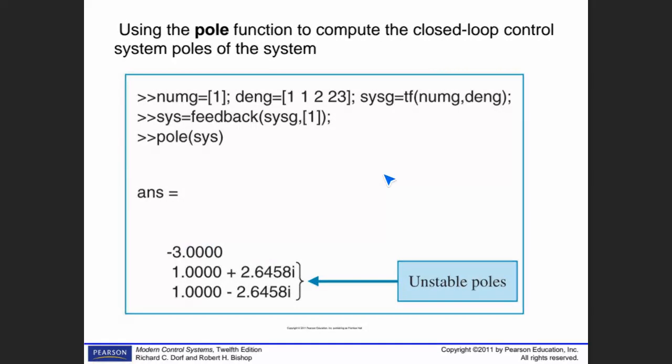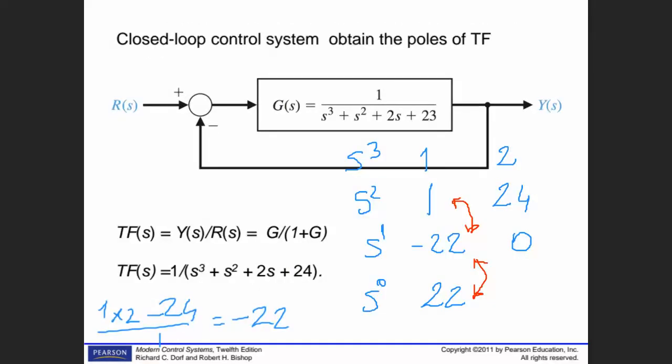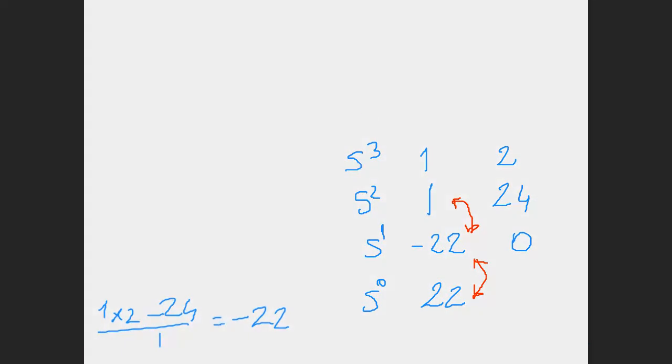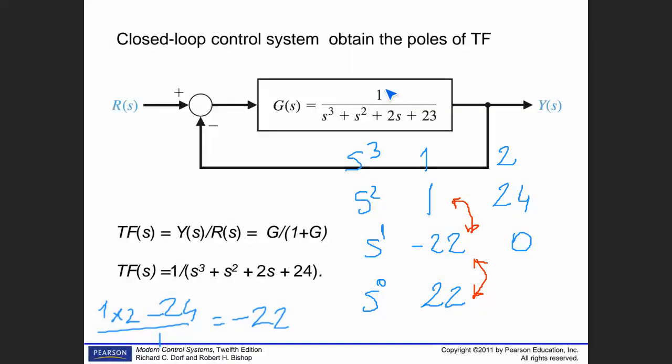By the way, I deliberately took this from the other book for your improvement in MATLAB. You see, it uses the pole function to compute the closed loop control system poles. Geri dönelim example'a. Numerator is 1.